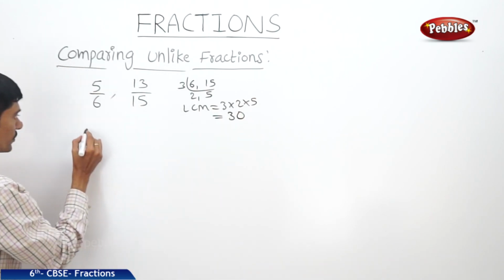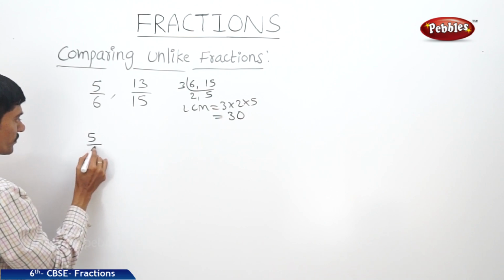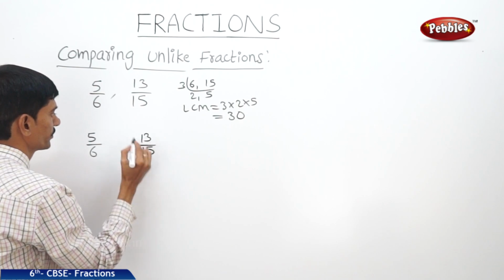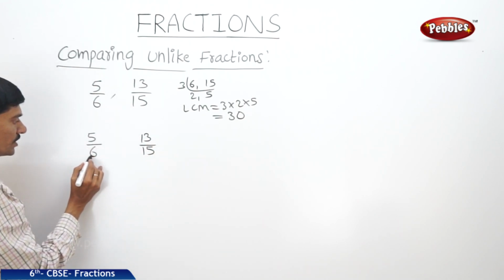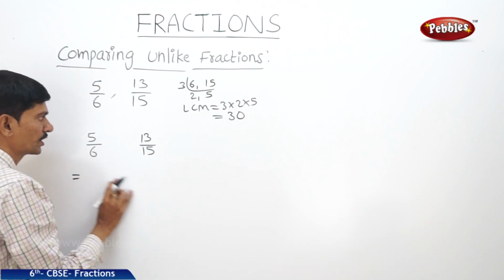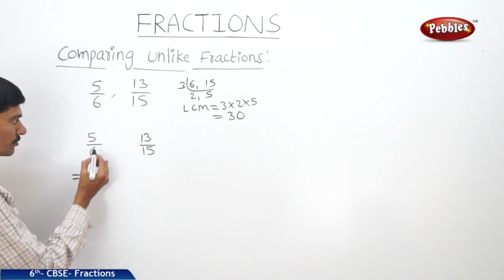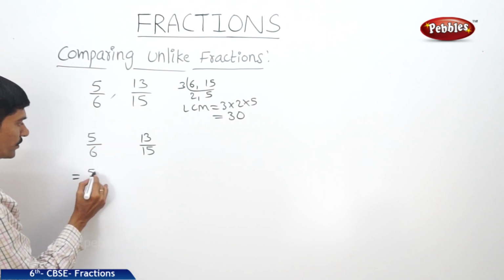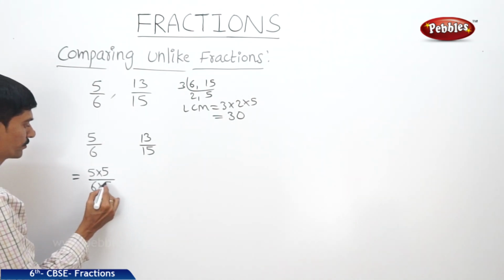So then 5 by 6, and here we take 13 by 15. So here 5 by 6, if you take the denominator 6, how many times make 30? So it is 5 times. 6 5s are 30. So we multiply both the numerator and denominator by 5. So then 5 into 5 by 6 into 5.